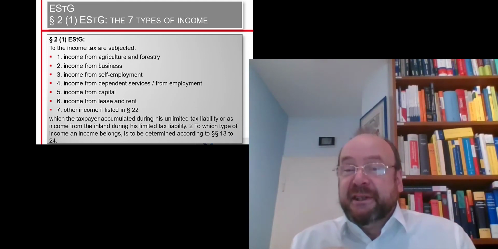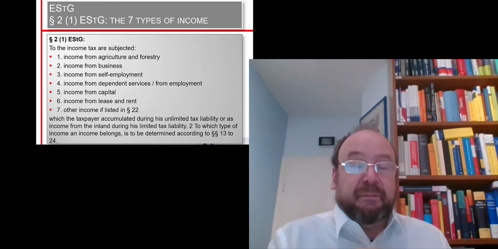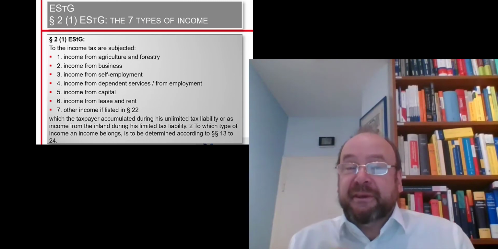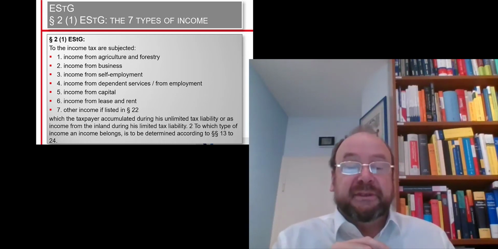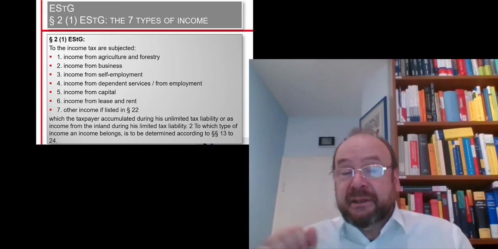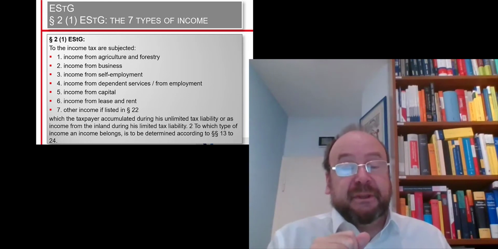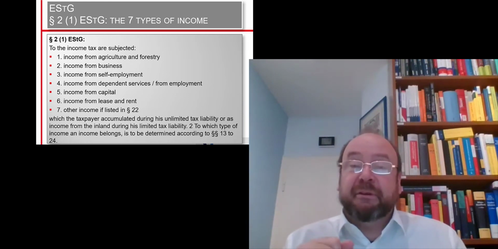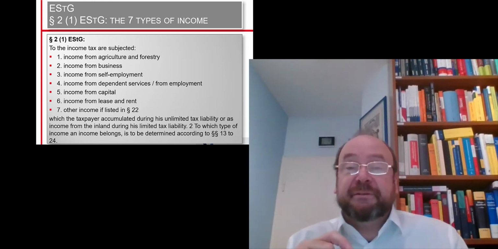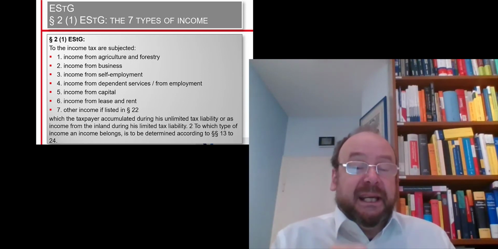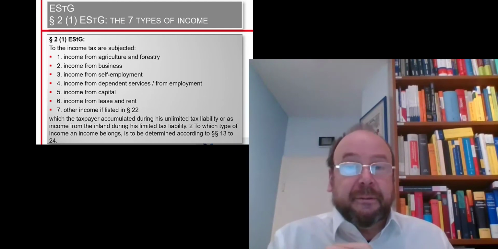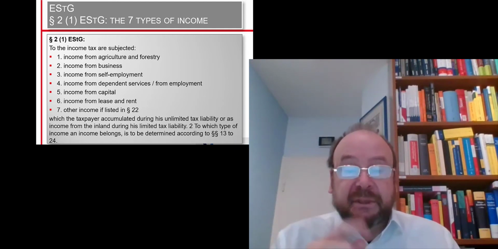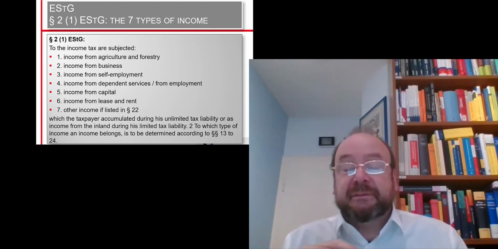And then came business, certain self-employed business people, that is rather only the so-called free professions, so a special type of businesses, wage income, income from capital investments, income from lease and rent, mostly from houses or from license fees from rights, and some specific other income events listed in a special paragraph.